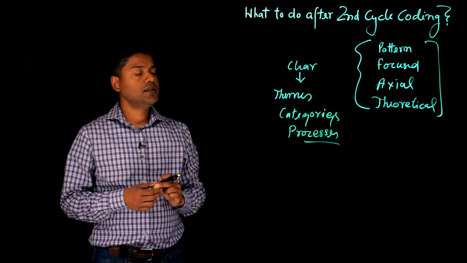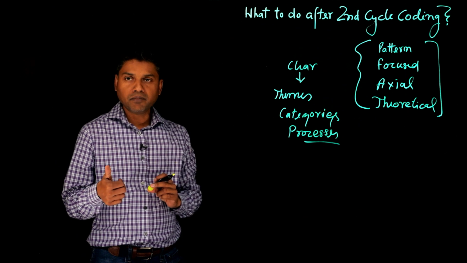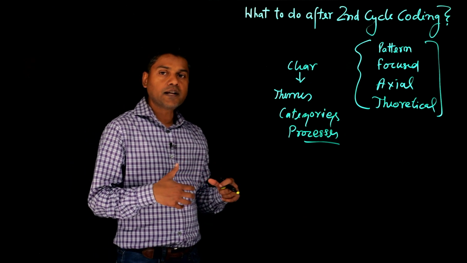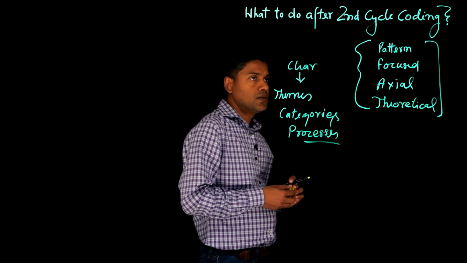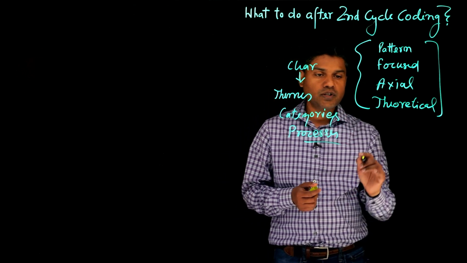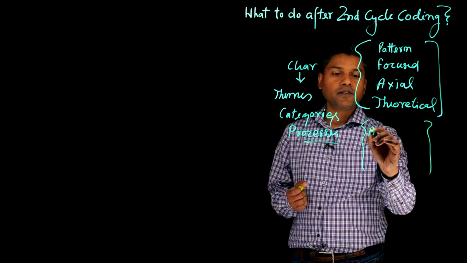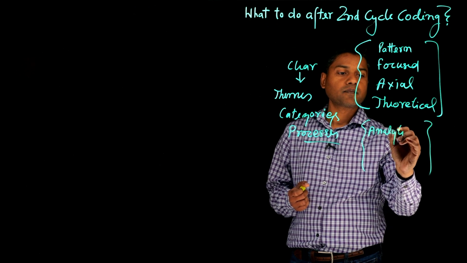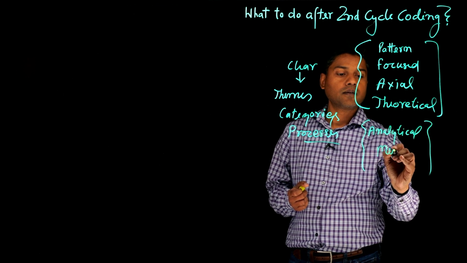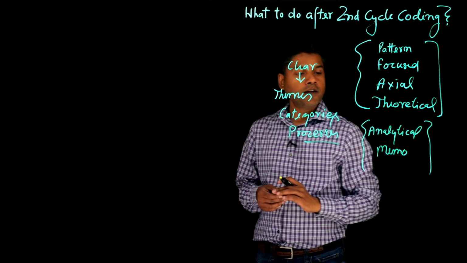Now, along with your first cycle coding methods and your second cycle coding methods, we also do another thing, which is you keep writing your analytical memo. What is an analytical memo?